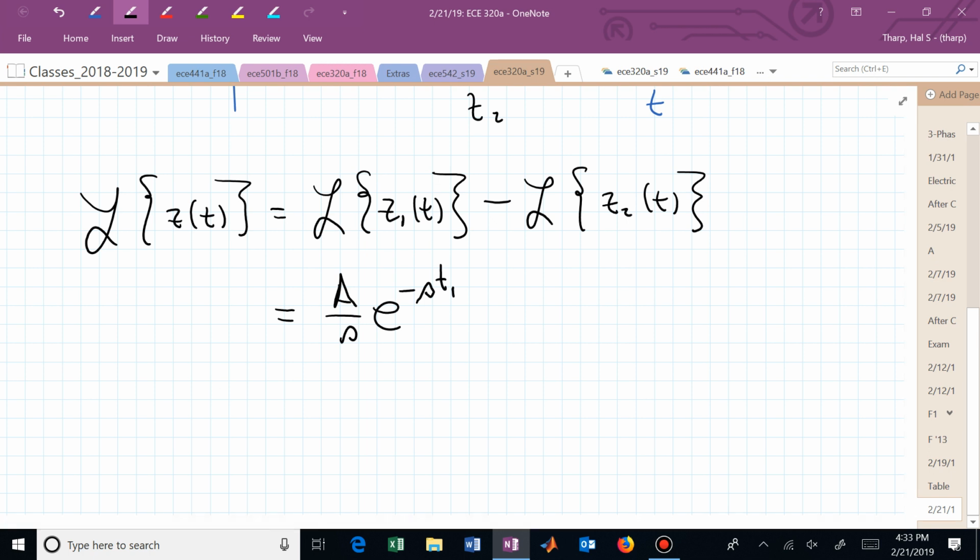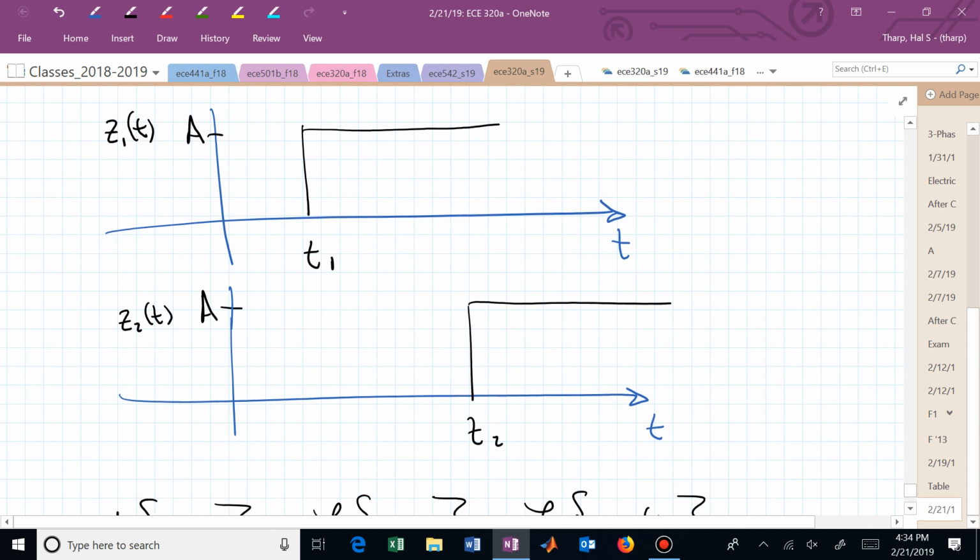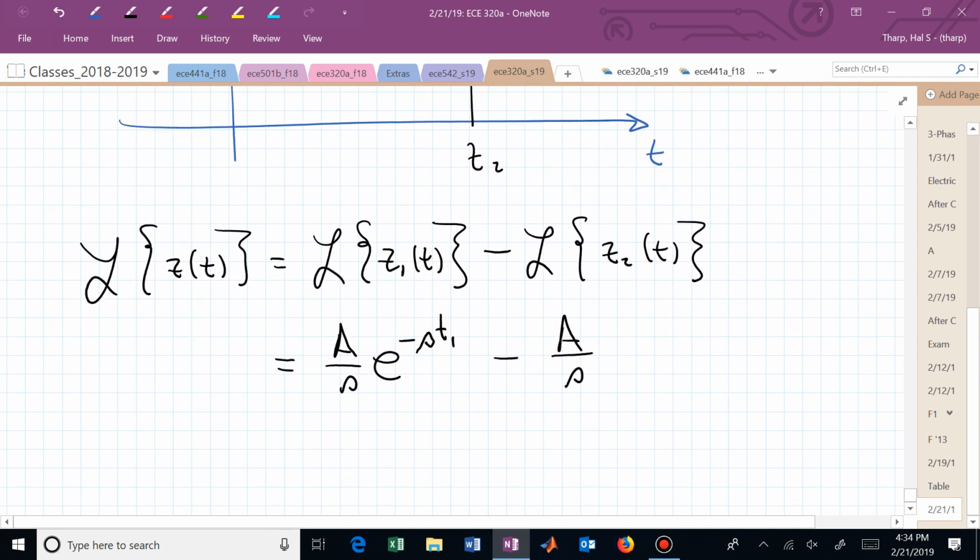If that's the Laplace transform of z sub 1, what's the Laplace transform of z sub 2? I'll do the hard part. A over s. But the other part's not much more difficult because it is exactly the same as what we did with z1. It's just we have a longer delay, of a value t sub 2.